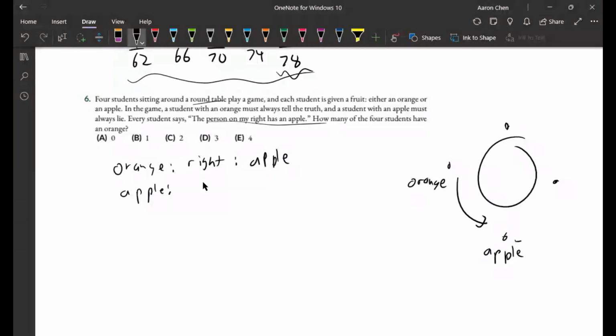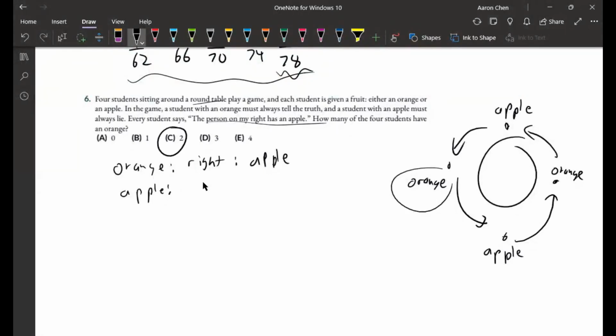Now this person with an apple says the person on their right has an apple, but this apple-holding person is lying, so the next person has an orange. The same thing happens again: this person has an apple and this person has an orange, and that just confirms this. So there are always 2 apples and 2 oranges, which is the choice option.